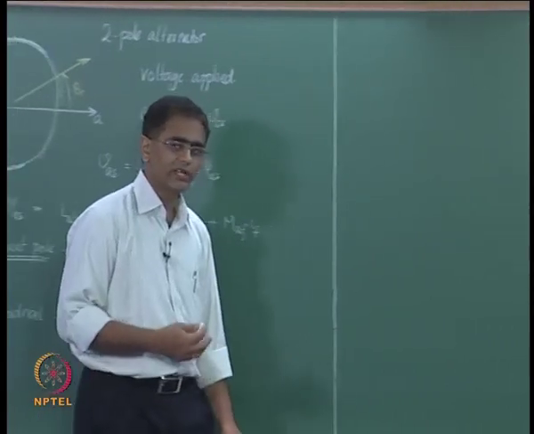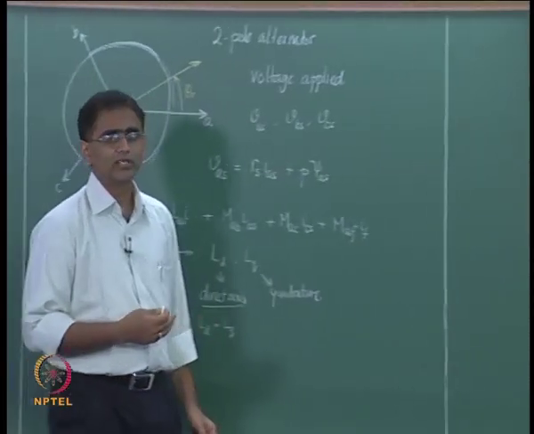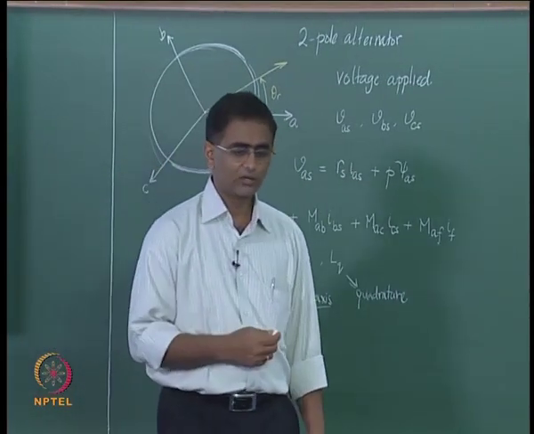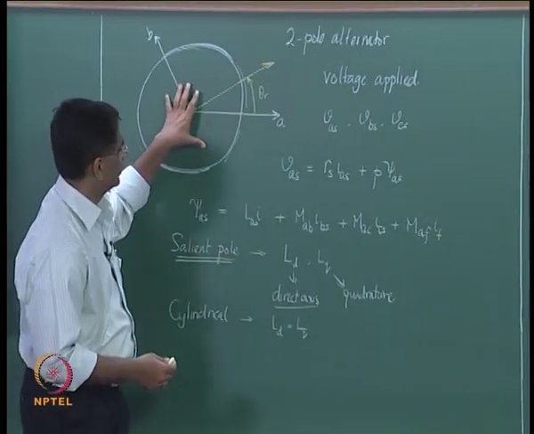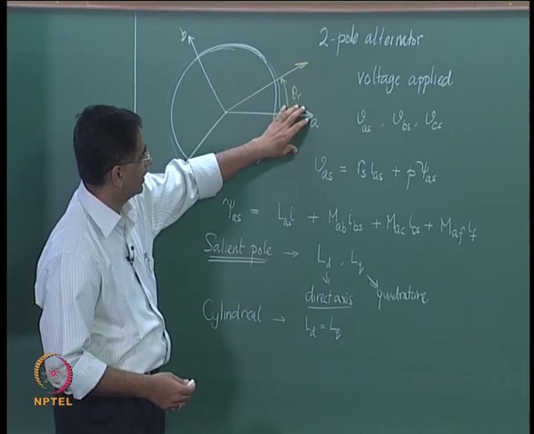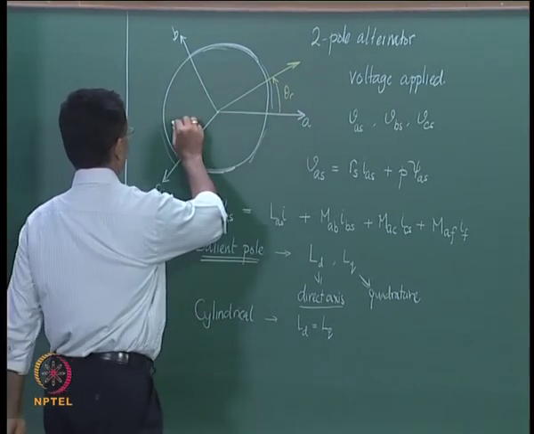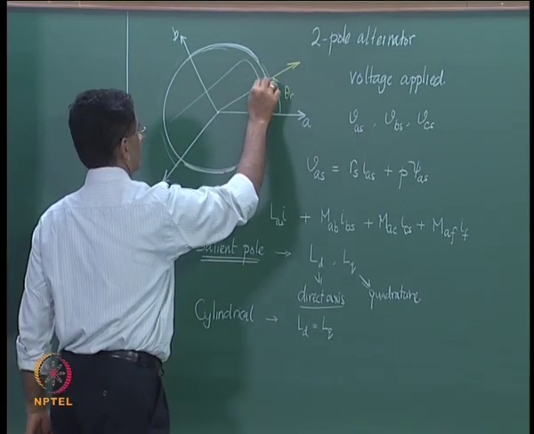In the case of the salient rotor machine, again we have derived all the expressions earlier, so we just have to remember and recollect those equations back. So if you have an arrangement like this where there is a particular phase axis, a salient pole rotor, so let me symbolically draw the salient pole rotor this way.